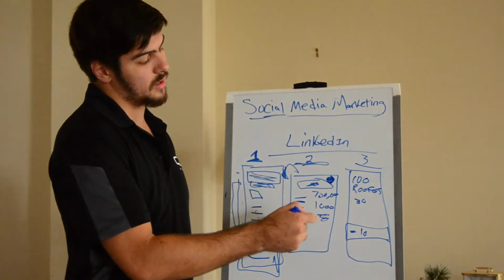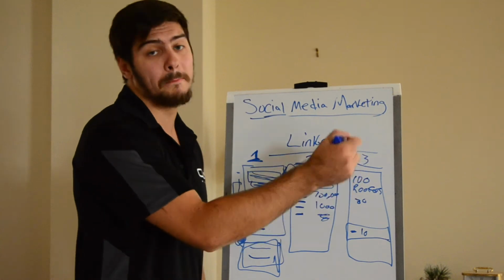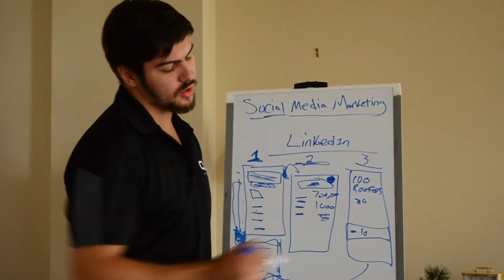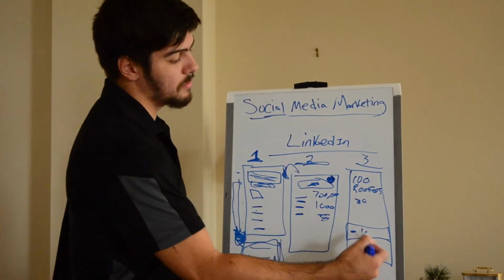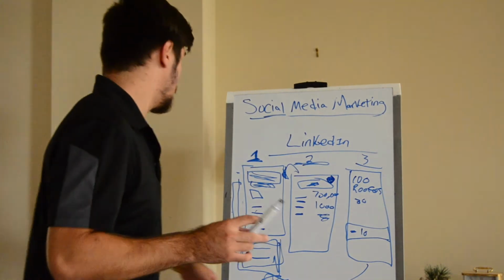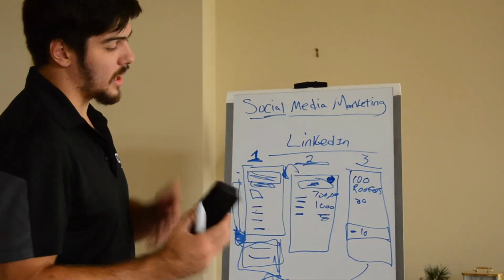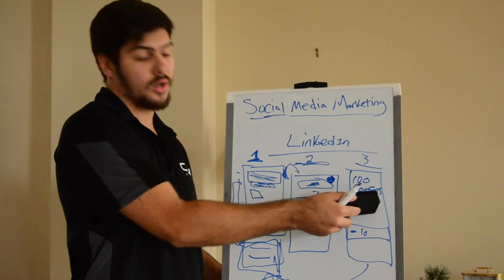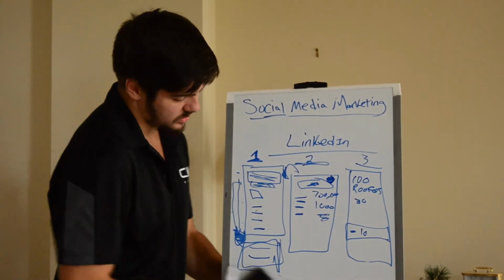Then we set up a message sequence to drive them back to this call to action, sending messages to motivate them to move forward in the buying process. Once we have all that set up and automated, we're going to start connecting with 100 roofers a day, guys. That's over 700 a week. That's a lot of connections.